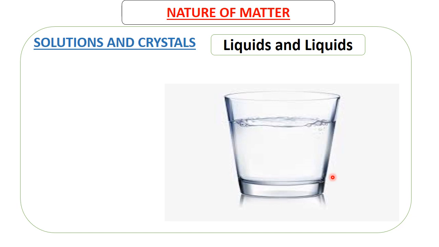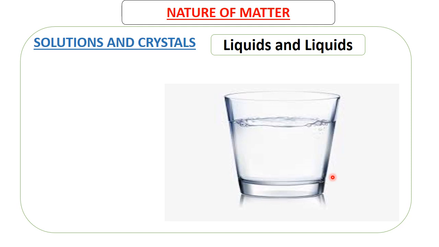I know most of you might not know what alcohol is because you are school children. Most of you might not know what alcohol is, or an example of an alcohol that you can imagine which can be poured into water.